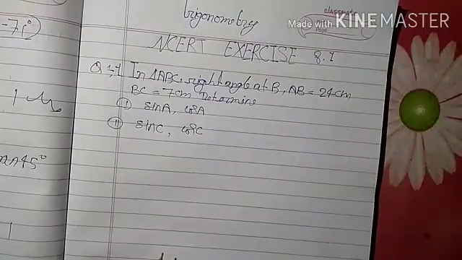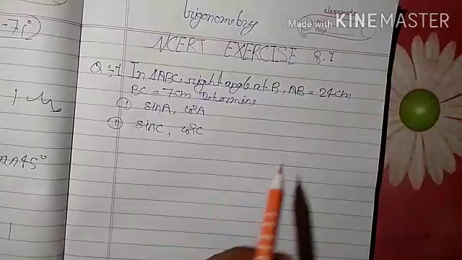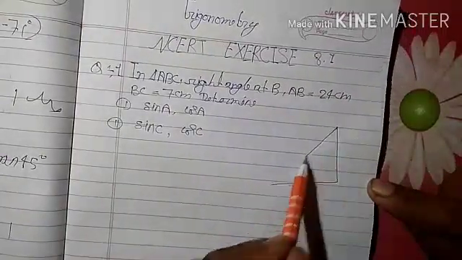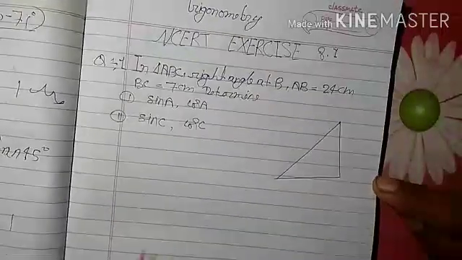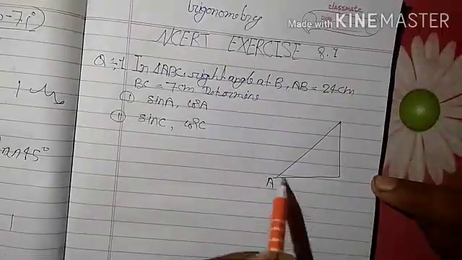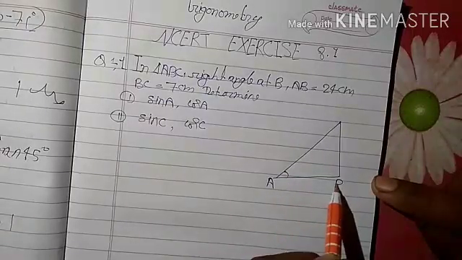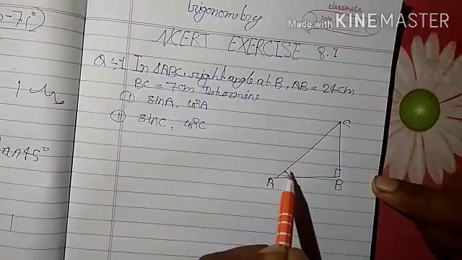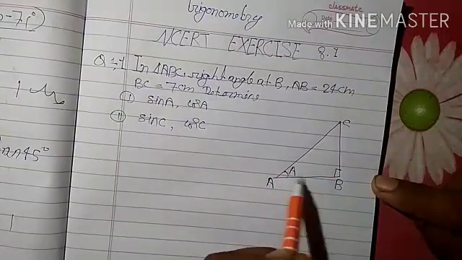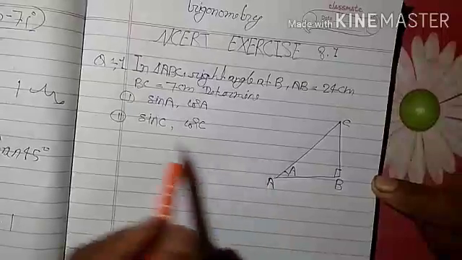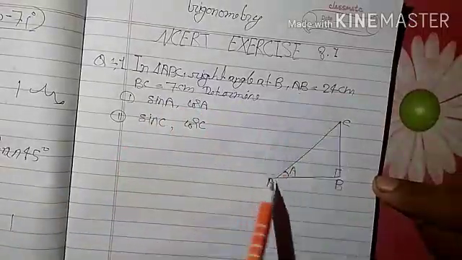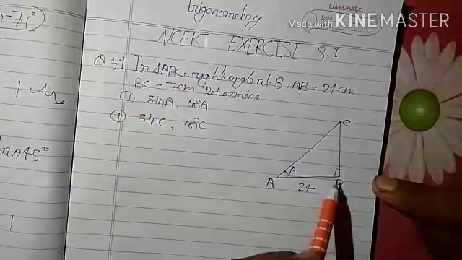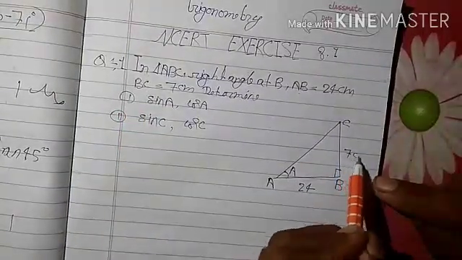So first of all we draw a right angle triangle, that is ABC. This angle is A, B, C. Angle B is right angle. So AB is equal to 24 centimeter and BC is equal to 7 centimeter.